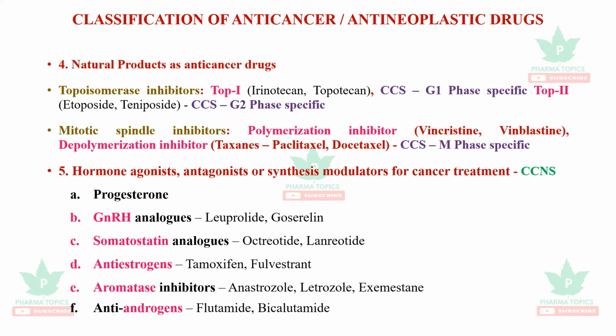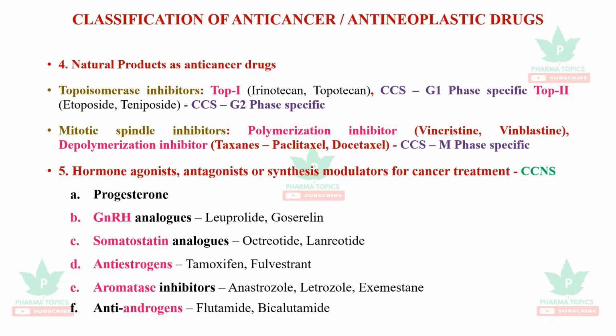Mitotic spindle inhibitors, since the letter starts with M, you remember these drugs are cell cycle specific, M phase specific. They are polymerization inhibitors, vincristine, vinblastine, depolymerization inhibitors, taxanes, paclitaxel, and docetaxel. Then hormone agonists and antagonists are synthesis modulators for cancer treatment.